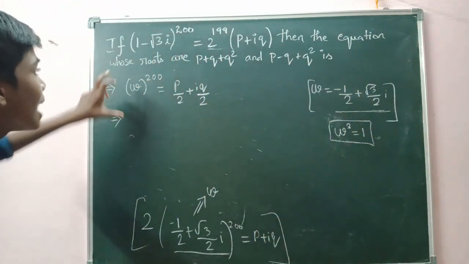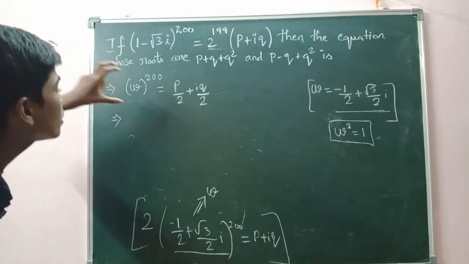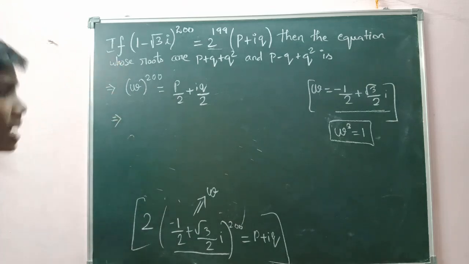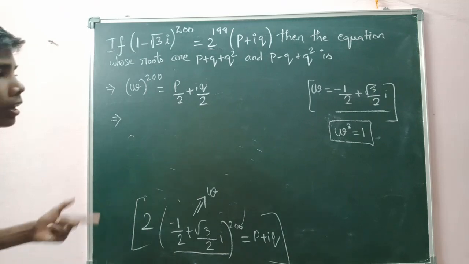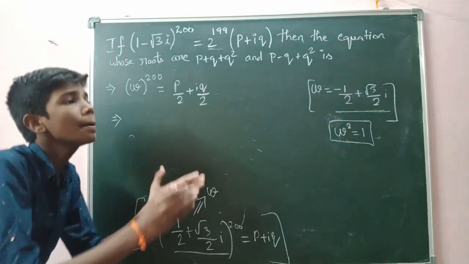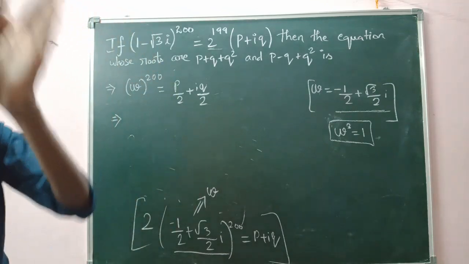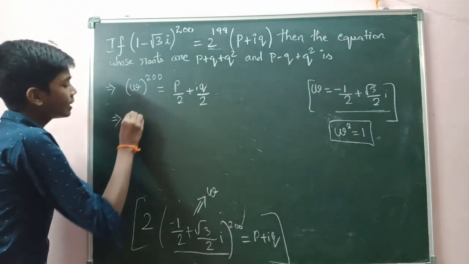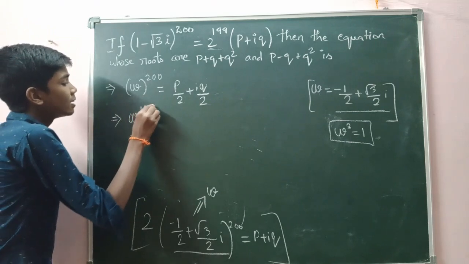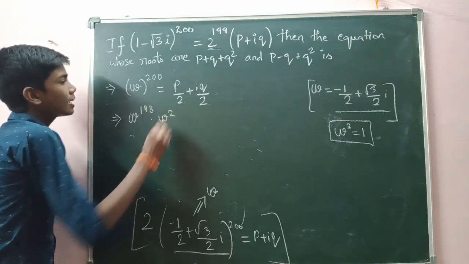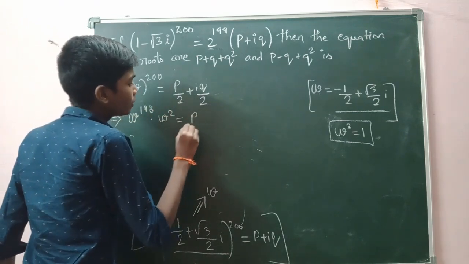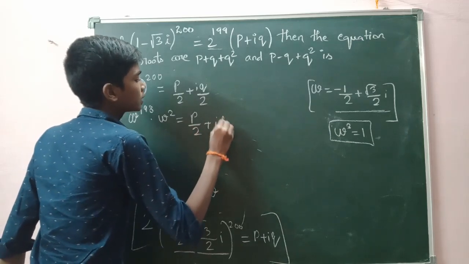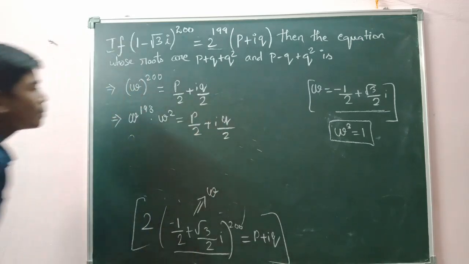So that means I need to convert this particular exponential term, omega power 200, in terms of omega power 3 times n into some omega. So therefore, I can write it as omega power 198 into omega square. Correct now? And that is equal to p by 2 plus iota q by 2. I hope you guys understand what I am trying to do here.